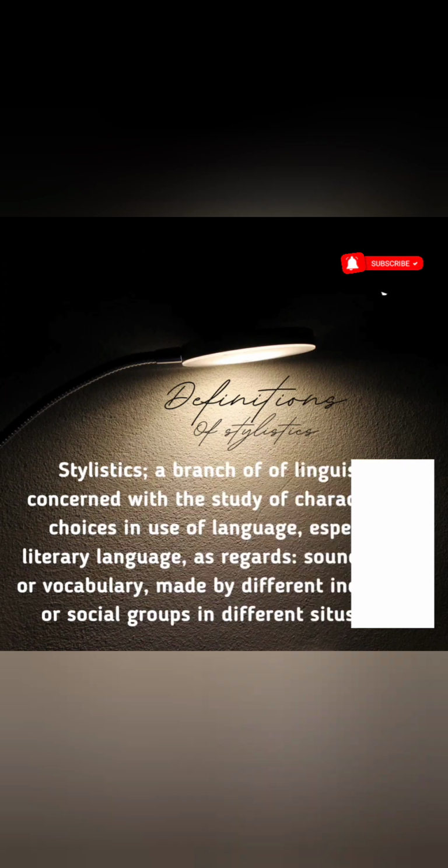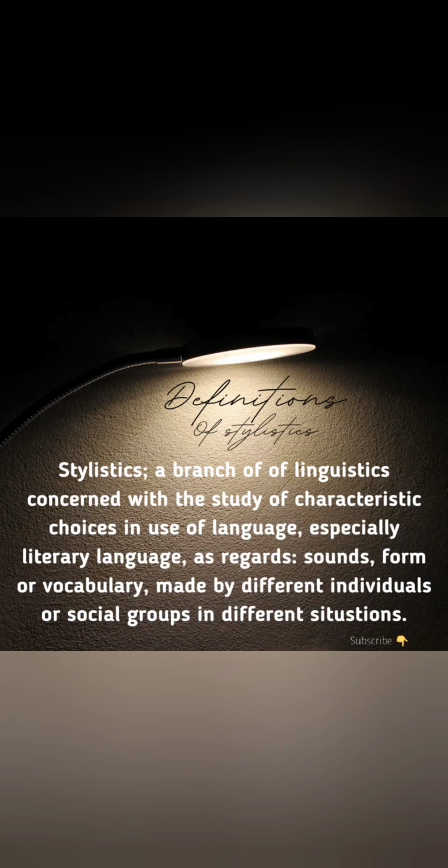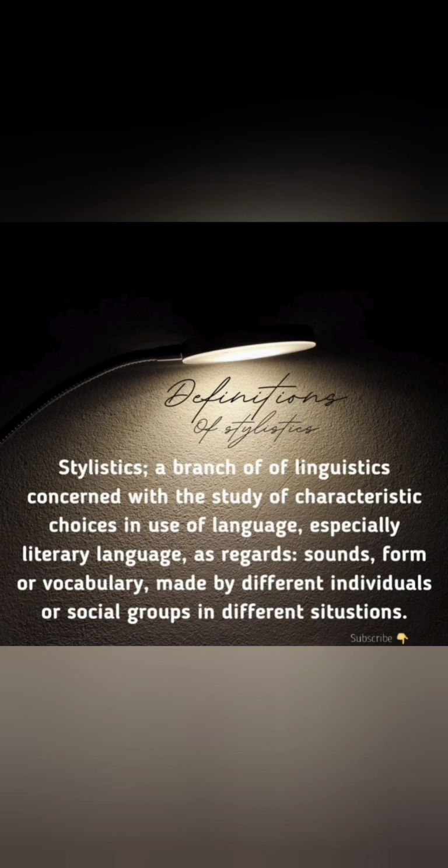The next definition we have is that stylistics is a branch of linguistics concerned with the study of characteristic choices in use of language, especially literary language, such as sound, form, or vocabulary made by different individuals or social groups in different situations.